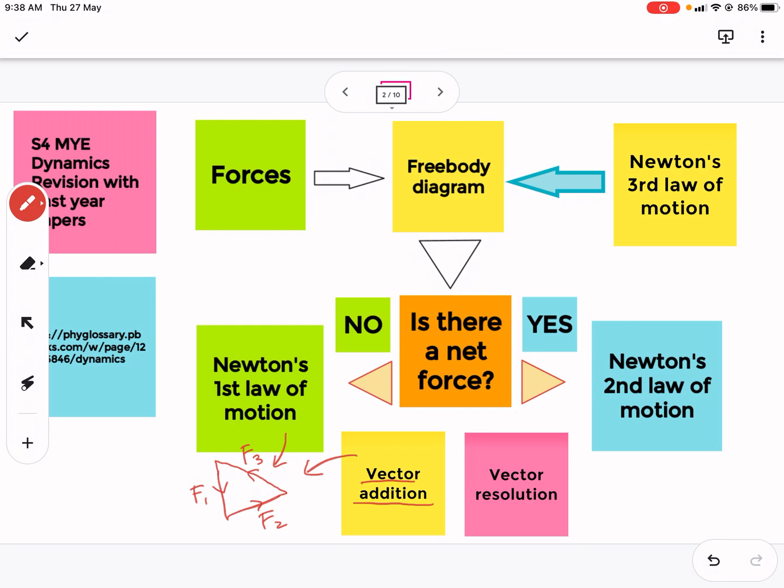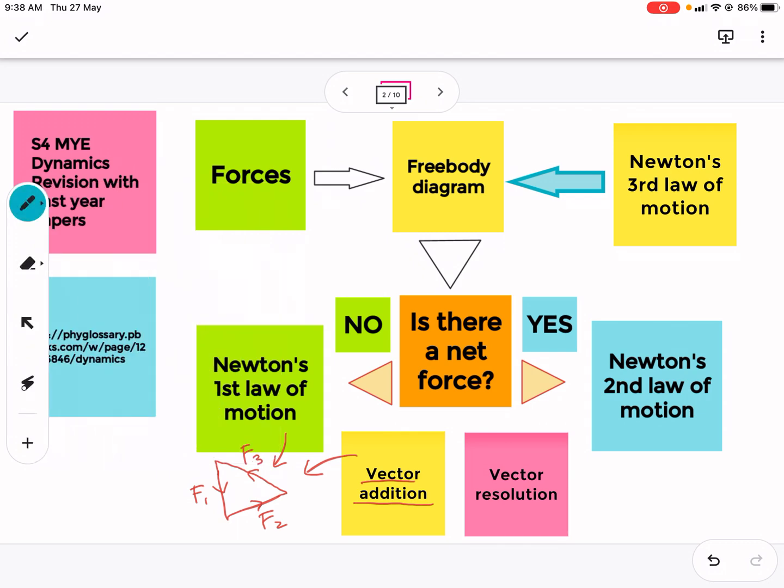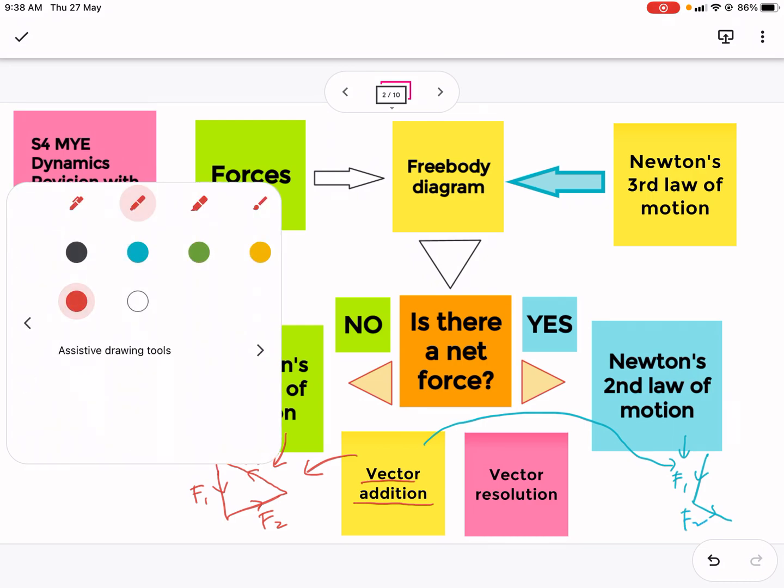On the other hand, if there is a net force, then the diagram might look a little different. For example, if there are only two forces acting on an object, you draw the first force, F1, followed by the second force, F2, and together there's a net force.